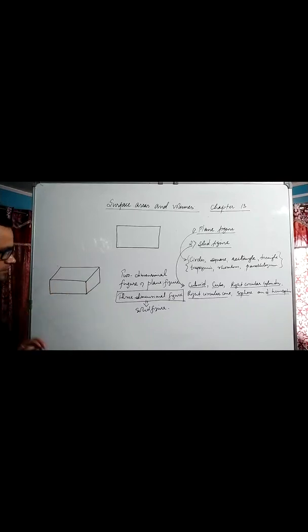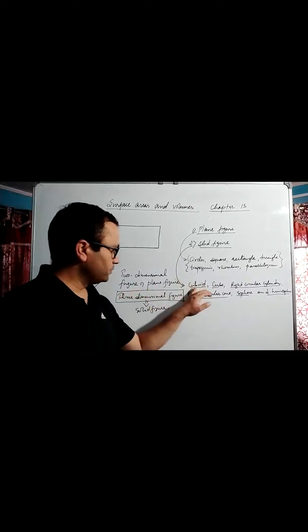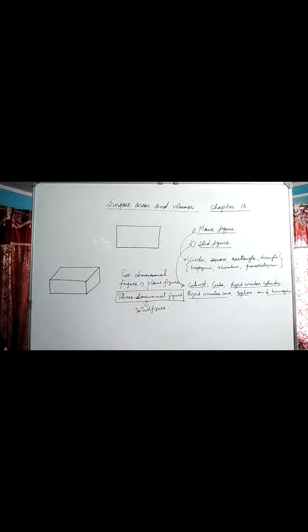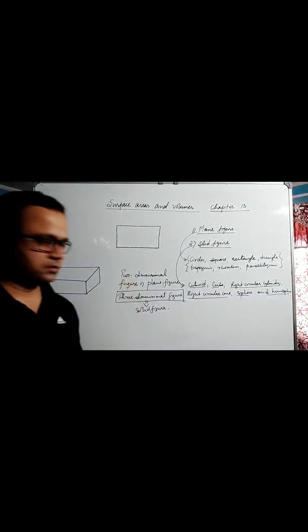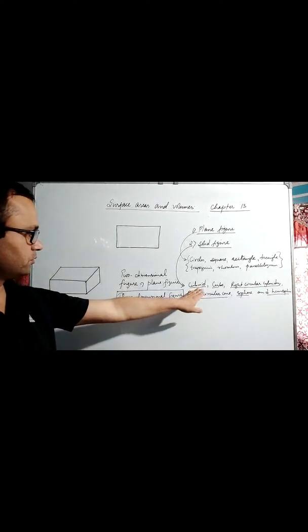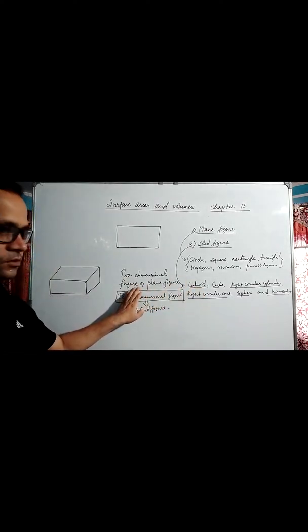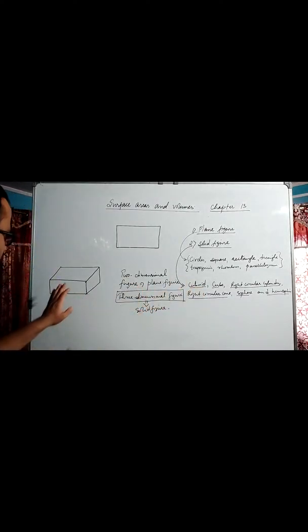This is the shape of the cuboid. For a solid figure, we need three dimensions to make a shape.